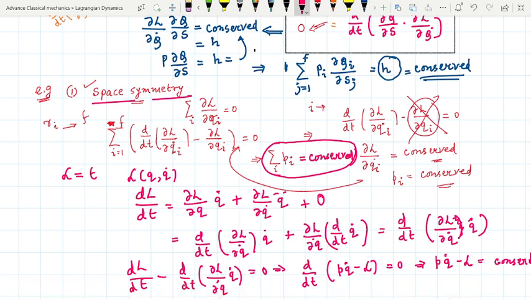Now again, p means ∂L/∂q̇_i, so p q̇ minus L is conserved.